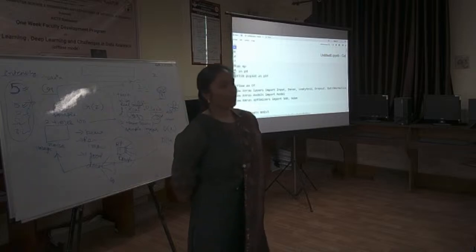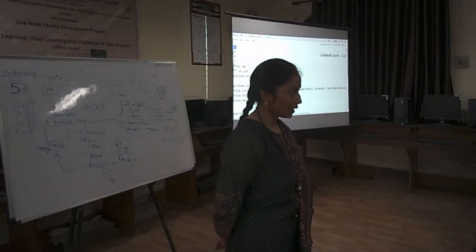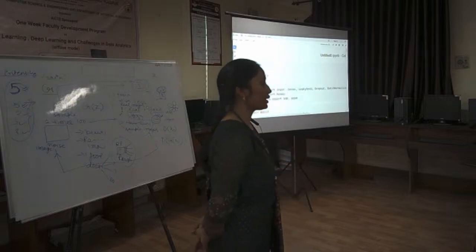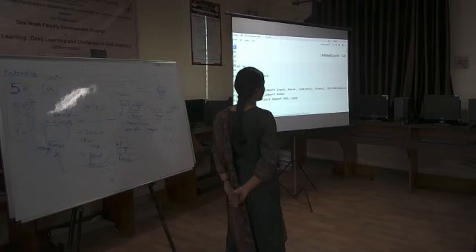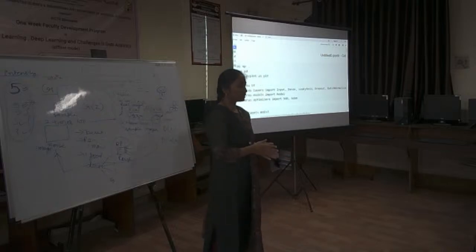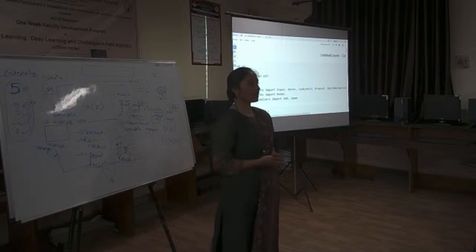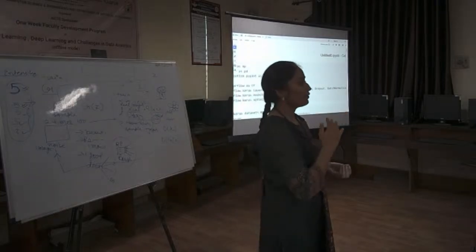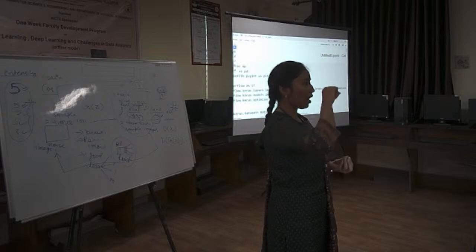By using the dropout feature, we can prevent overfitting. When our data is so large and the features are very high, there is a chance of overfitting, because we have hidden layers and weight assignment over there.